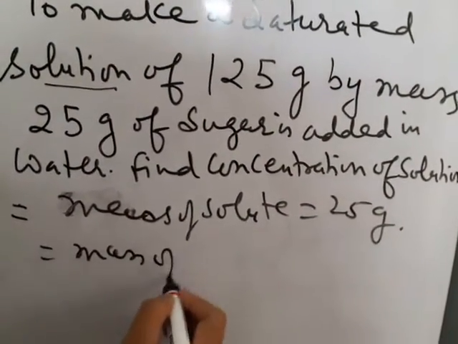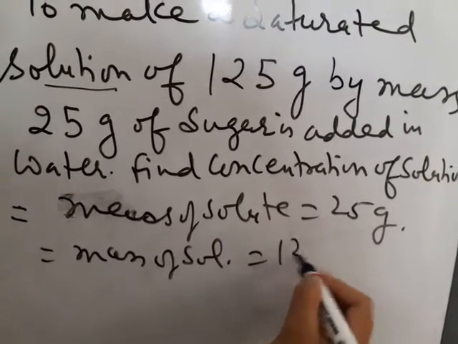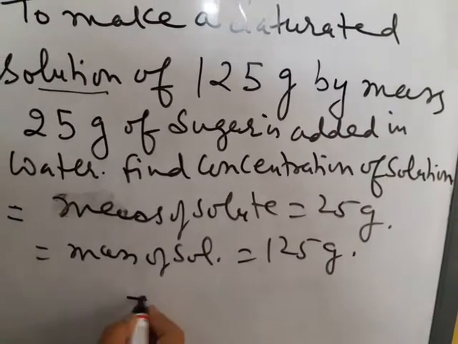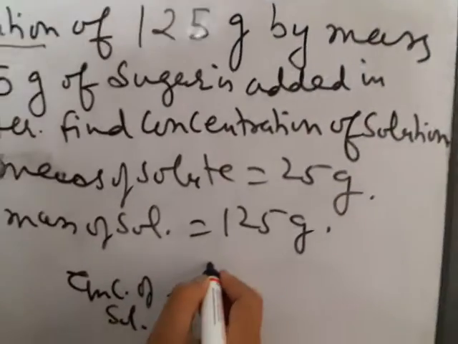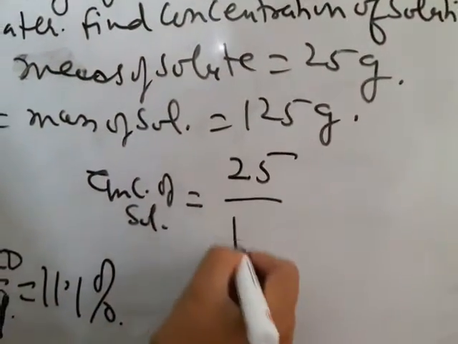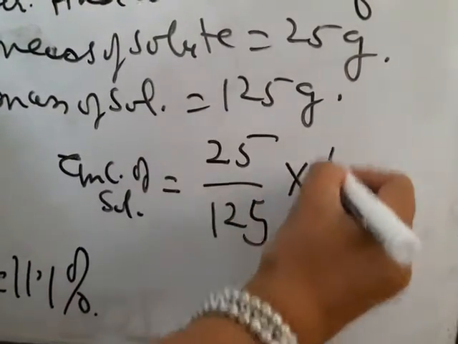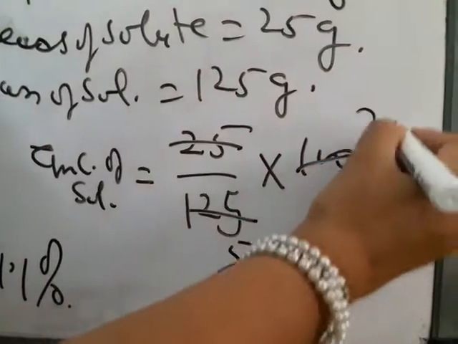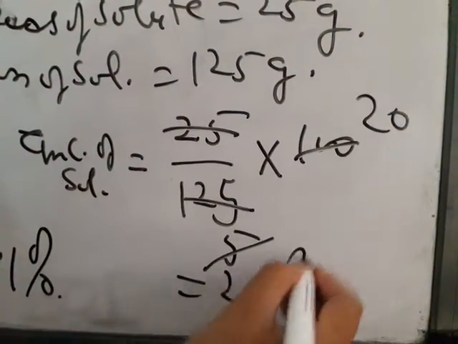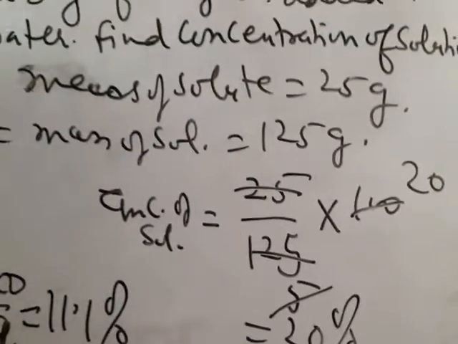Mass of solution is 125 gram. So concentration of solution is equal to 25 upon 125 into 100. 25 fives are 125, 100 by 5 is 20. 20% is the concentration of solution.